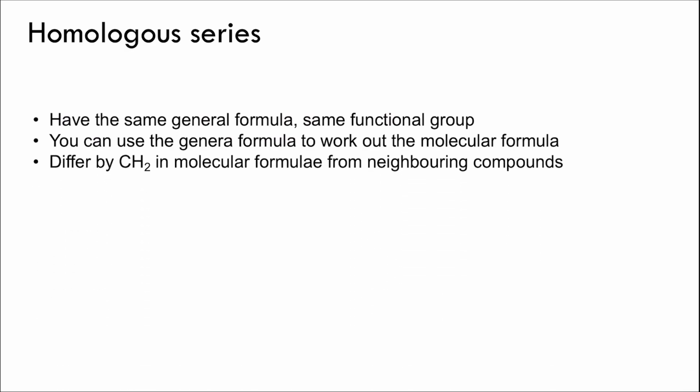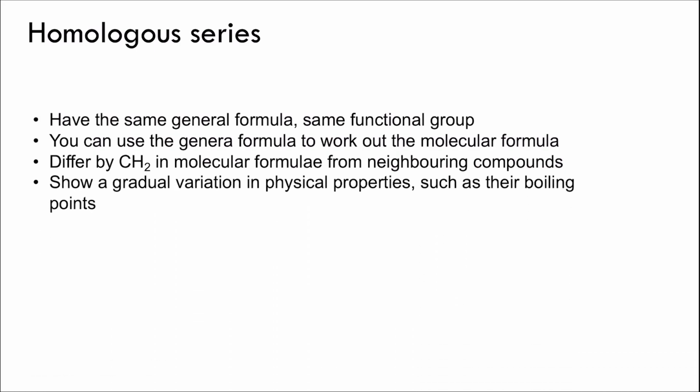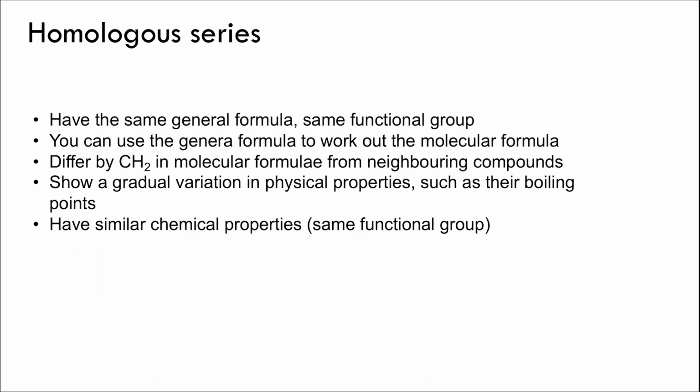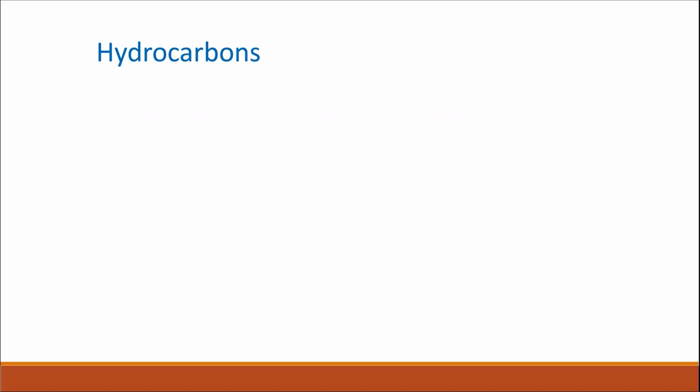They differ by CH2 in the molecular formula from their neighboring compounds, and they show a gradual variation in their physical properties, such as the boiling points, but because they have the same functional group, they have similar chemical properties.